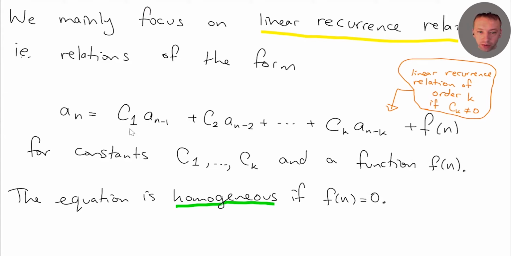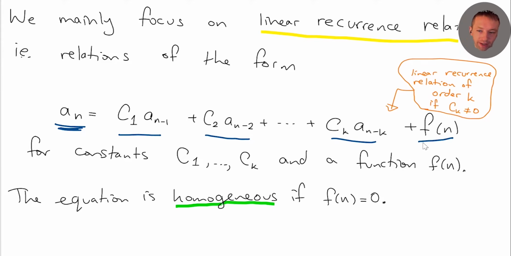A linear recurrence relation is one where an is defined as a linear function of the previous k terms for some k. So it's a constant c1 times an minus 1, c2 times an minus 2, down to ck times an minus k, and then maybe plus some other function of n, like plus n or plus 2 to the n.